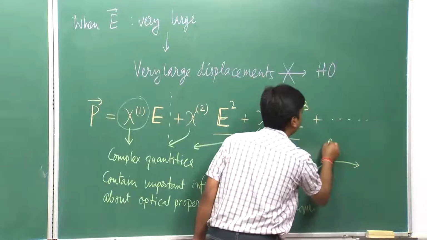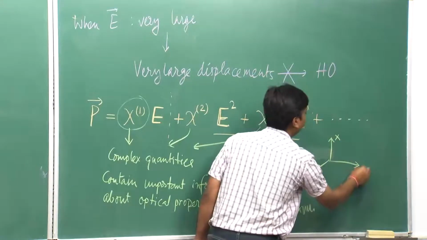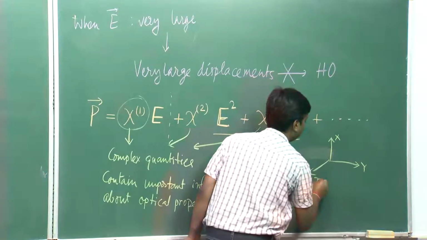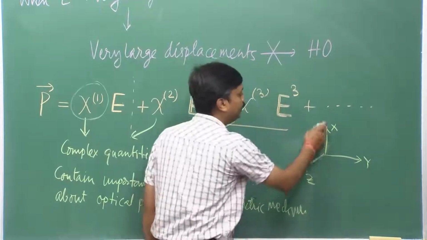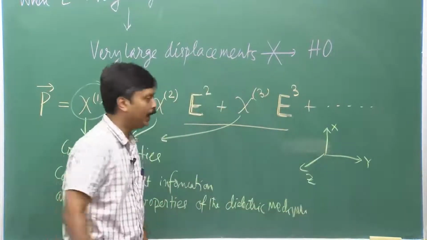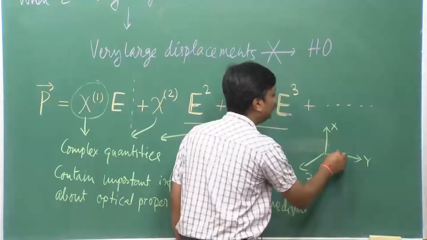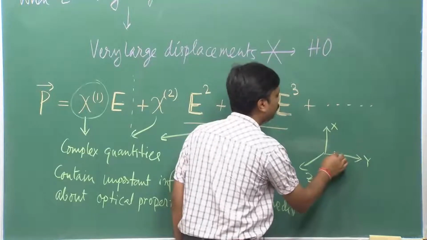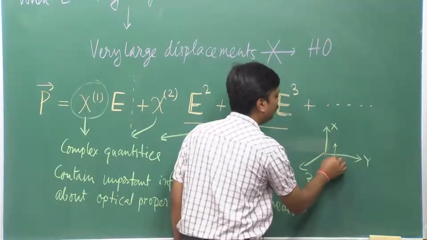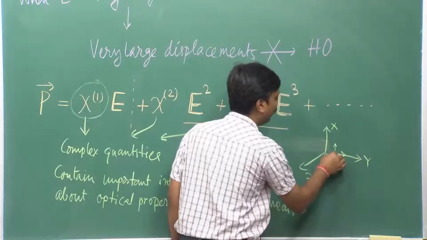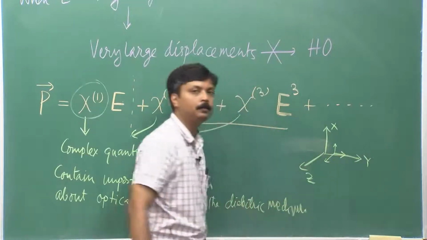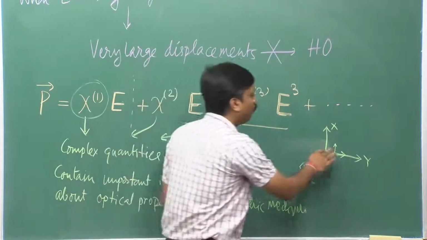Suppose this is my x, this is my y, and this is my z direction. If my incident field is along x direction, not necessarily the electrons also will oscillate in this direction. They can oscillate along this direction, they can also oscillate along this direction. Now, why is it so?